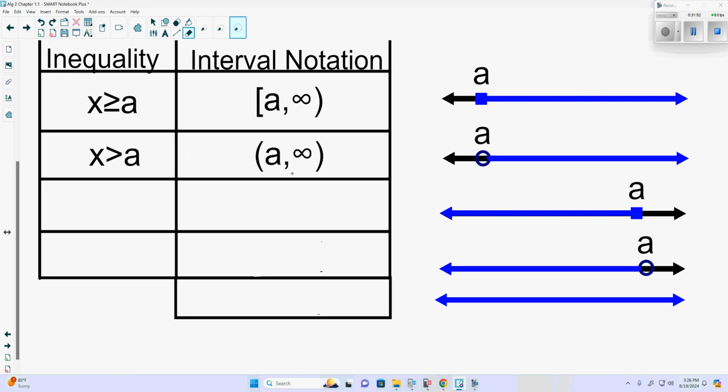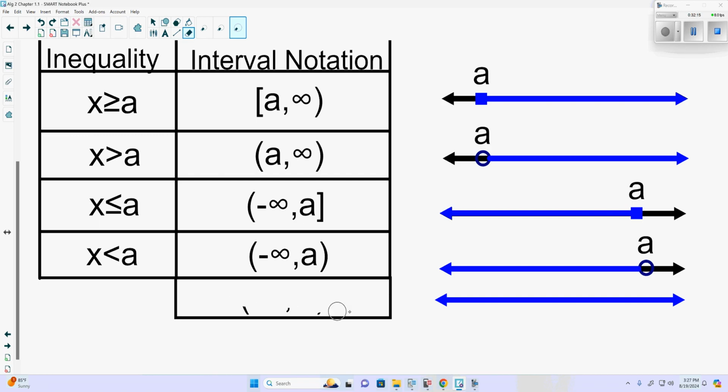Or X is greater than A. So at A, we have a parenthesis instead of a bracket because A is not included. Or we say X is less than or equal to A, so we have negative infinity, comma A. And lastly, X is less than A, so negative infinity, comma A with both parentheses.